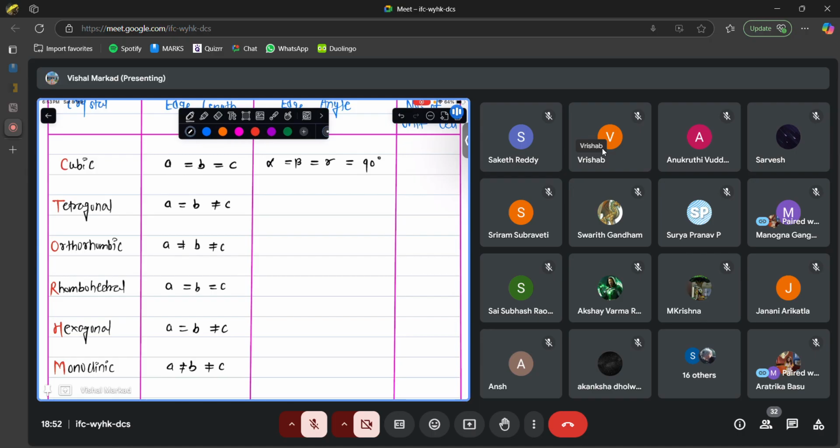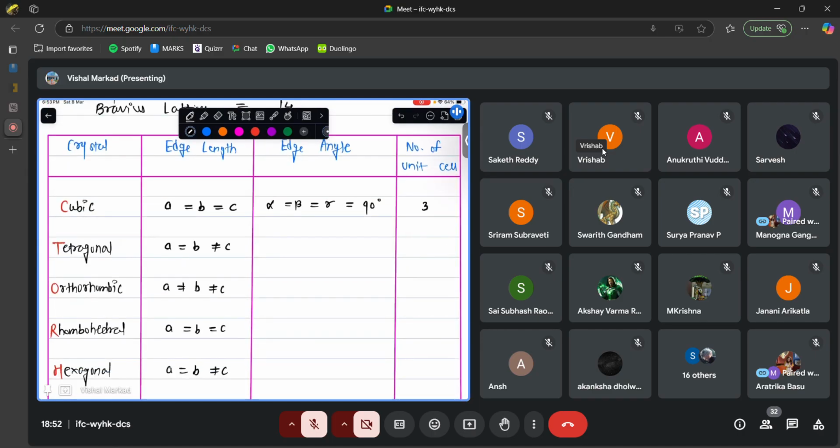Okay. And cubic will have 3 types of unit cell. Normal cubic we can classify in 3 categories: it can be simple cubic, it can have a BCC structure, or it can have an FCC structure. 3 types of structure are possible in cubic, and we have to study cubic only.